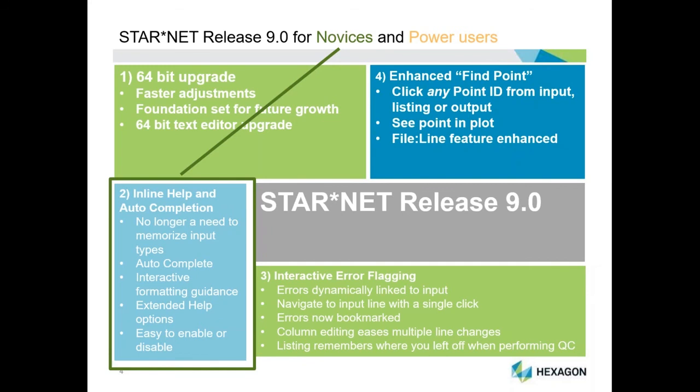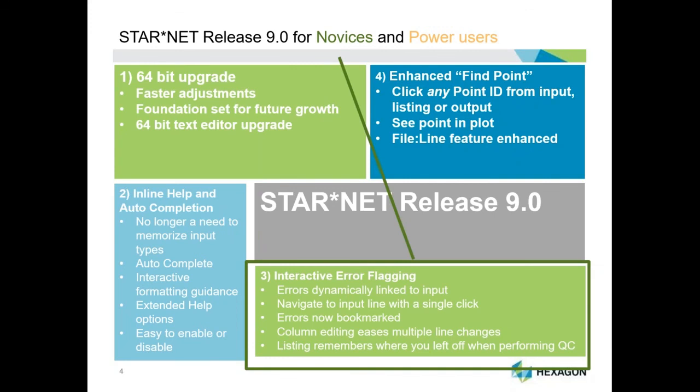In general, you don't have to manually type everything. Converters do most of that work, but it's common for someone to have to do a little bit of editing and learn some of the codes that go into a STARNET input file. Inline help and auto completion are going to make that process easier, and you're going to be familiar with the entries that matter to you fairly quickly.